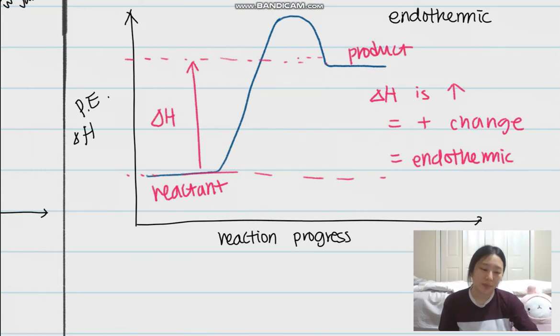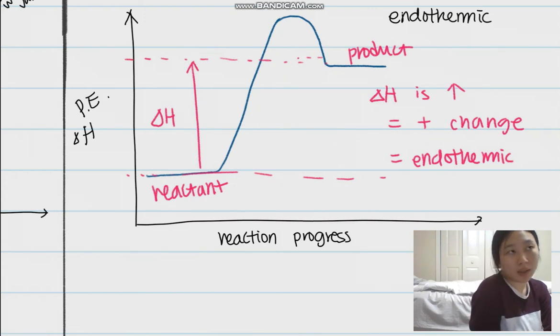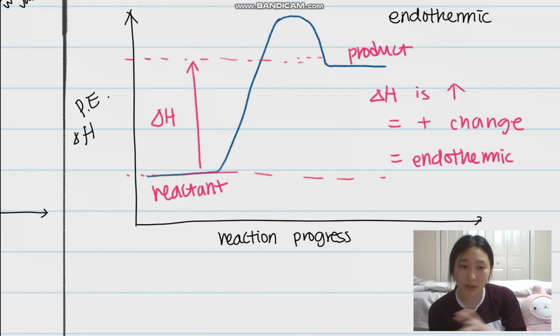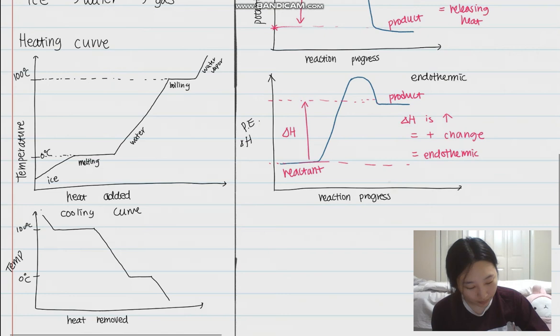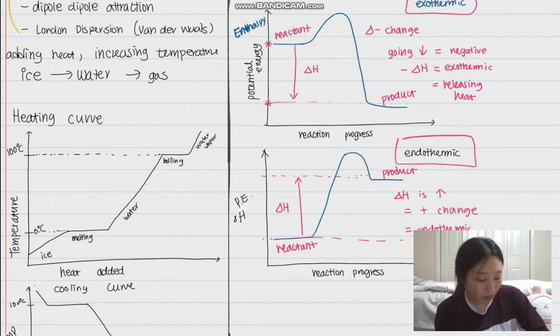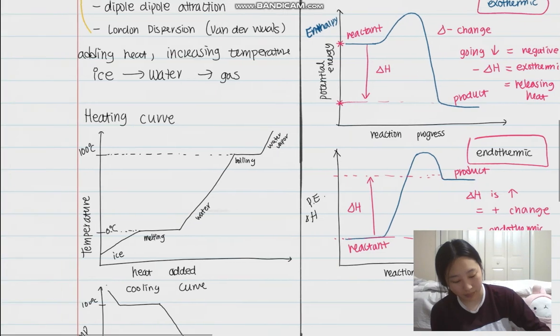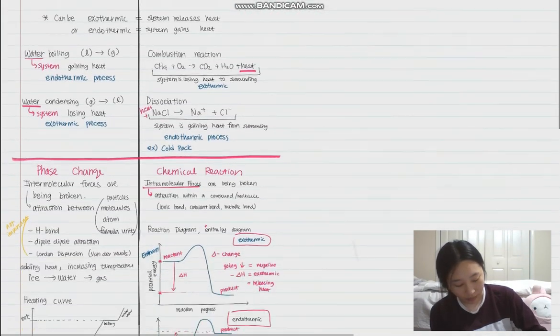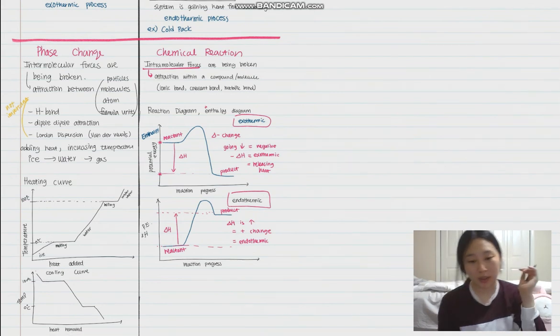Alright, this reaction diagram is really important. It becomes important in the kinetics unit as well. So make sure you're familiar with where the reactant is and where the product is. Alright, I think that's about what I wanted to talk about for this particular one, and now you should be finished with the thermochemistry notes.